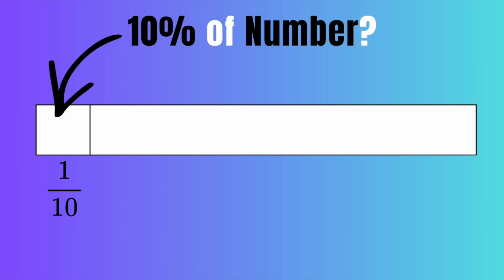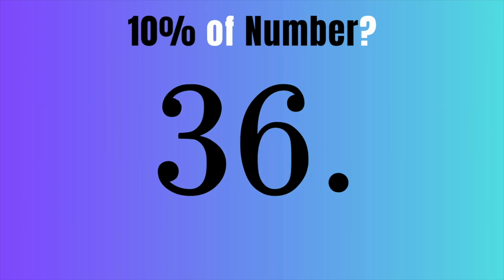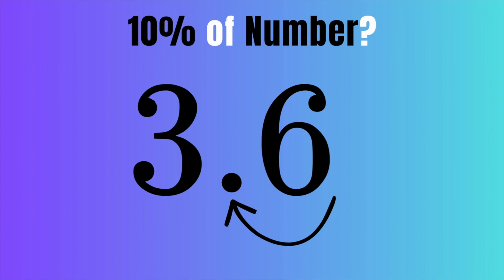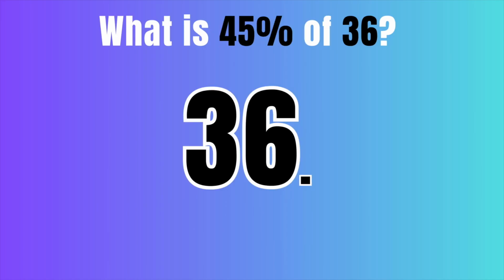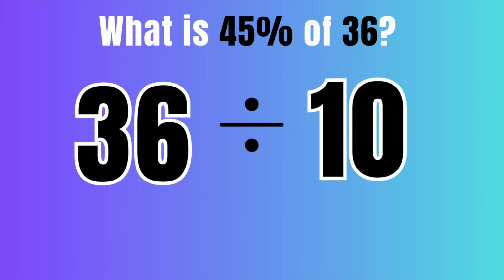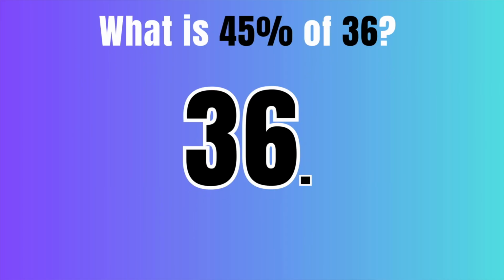And because our number system is in base 10, 1/10 of a number is just moving the decimal over 1 spot. So for example, in the number 36, you're just simply moving it over 1 spot because you're dividing that number by 10. 36 broken up into 10 parts is 3.6.